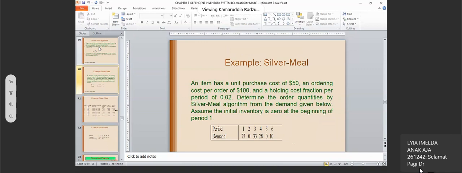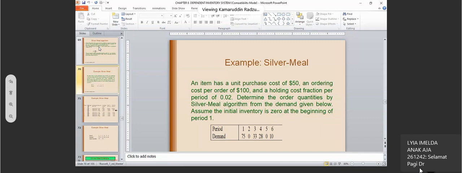Let's say here we have information about the item that needs to be planned. The unit purchase cost for the item is 50 ringgit, the ordering cost per order is 100 ringgit, and the holding cost fraction per period is 0.02 or 2 cent. Determine the order quantities by the Silver-Meal algorithm from the demand given below.